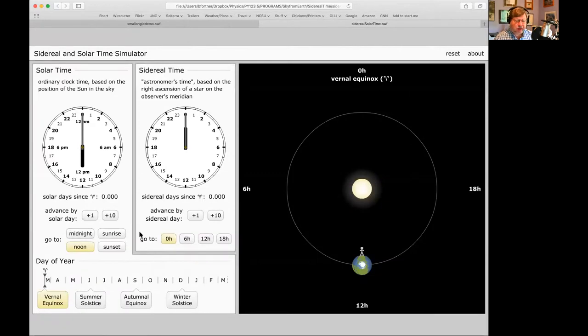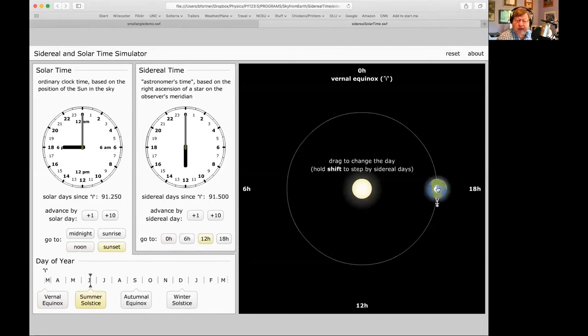And so if we go through one solar day, and this clock actually goes reverse. We can do it here. Let's reset. You can see here, when I said about the 366, let me show you that. Let's reset here.